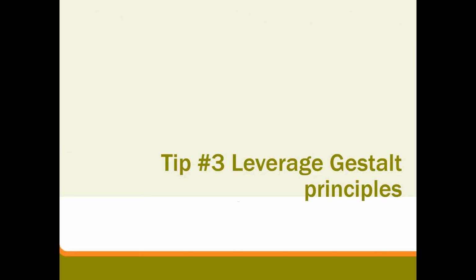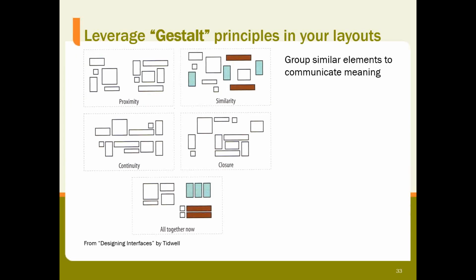Now I'm going fast, but you can go back and listen to this and look at the slides to absorb it. The other tip would be to leverage Gestalt principles. These were developed in the 1930s in Germany, and this picture here is from another great book called Designing Interfaces by Jennifer Tidwell. With Gestalt, there are certain principles where, when things are grouped together, our mind creates the narrative.